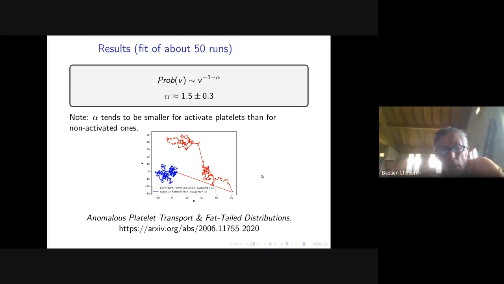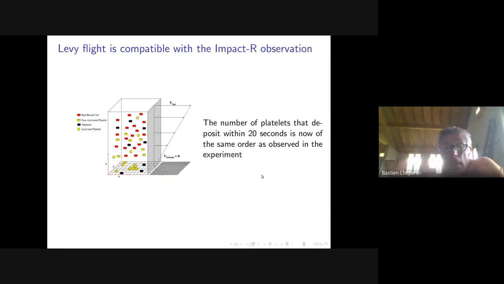Okay, so now back to the impact R experiment. Can we understand why we have so many platelets that left the bulk during this 20 seconds? Well, we just need now to replace the movement of our platelet with this Levy flight, and we just get the right value with what we observe experimentally.